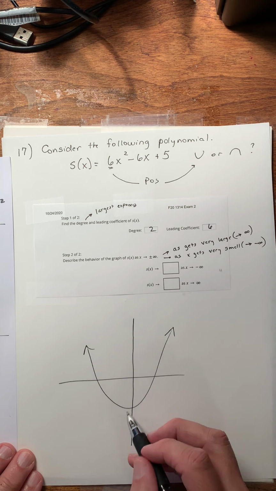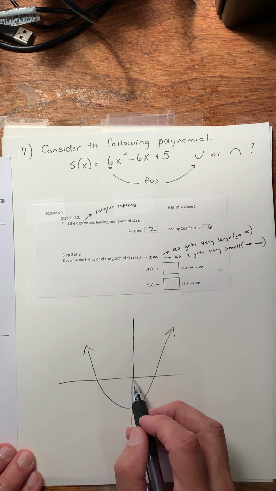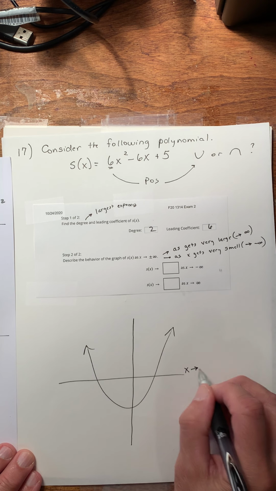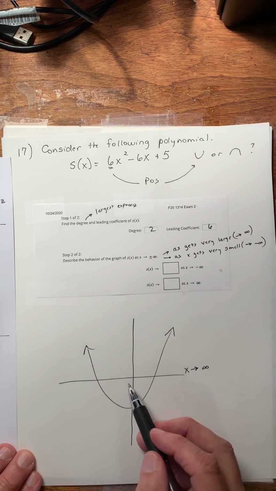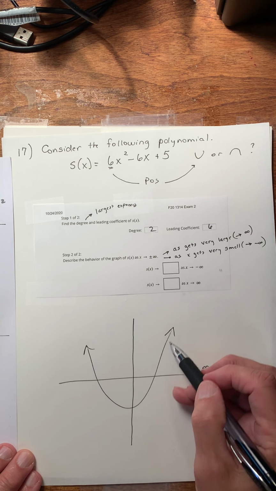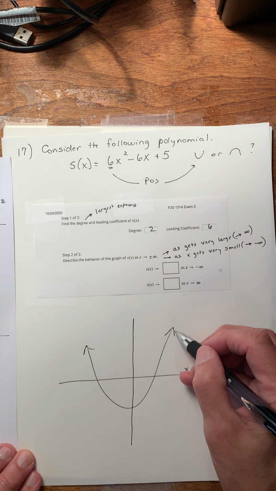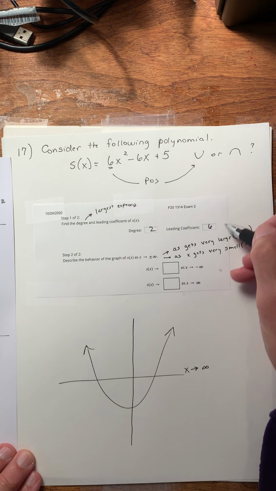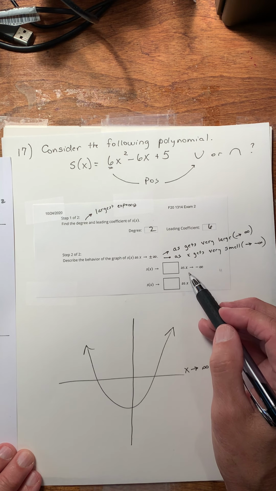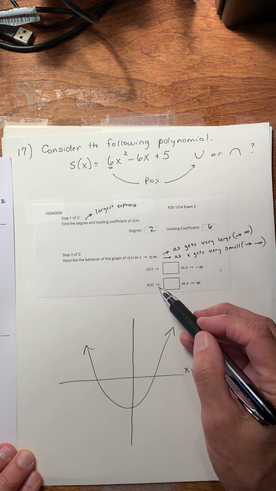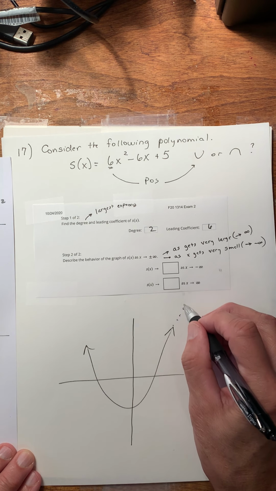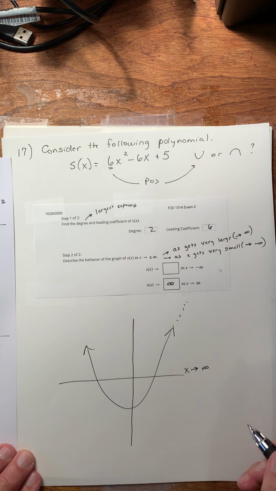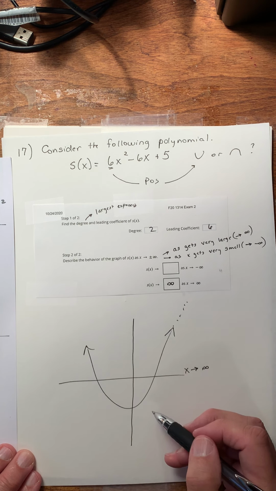So check this out. As my x's are approaching infinity, what's happening to my graph? Is it getting larger or smaller? It's getting larger and larger and larger. As x approaches infinity, my y values, my s of x, are approaching infinity. They're getting very, very large. Check this guy out.